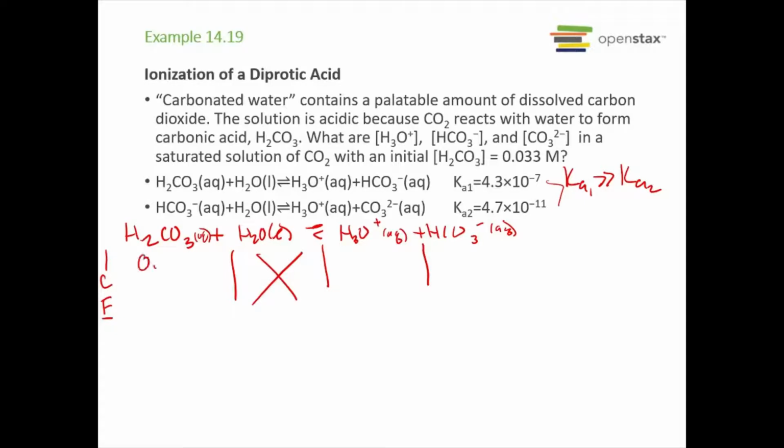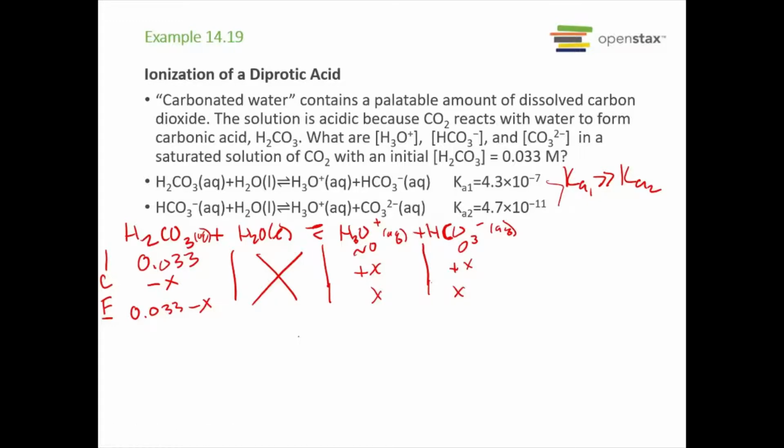We're starting with 0.033 molar H2CO3, starting with about 0 hydronium and 0 HCO3 minus, losing some X of carbonic, gaining X hydronium and HCO3 minus. So equilibrium of 0.033 minus X, X, and X. So that's an awful looking X.